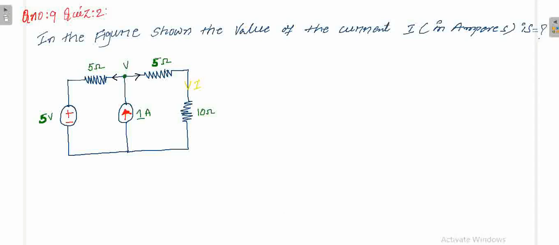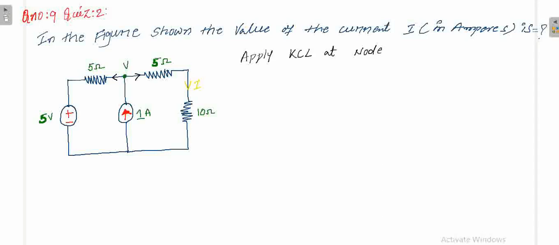So let us apply KCL at the node. We are assuming the current is moving out of the node. What is the convention?